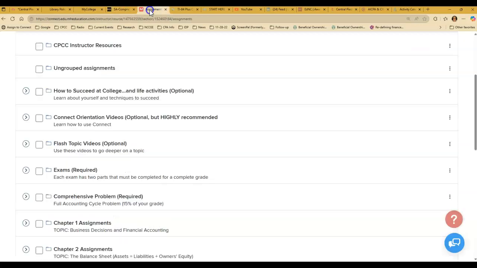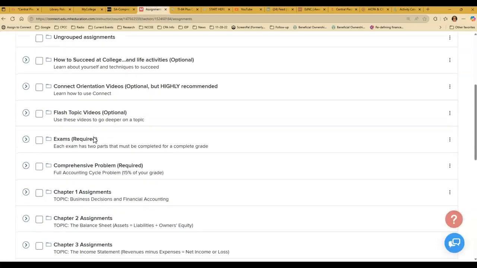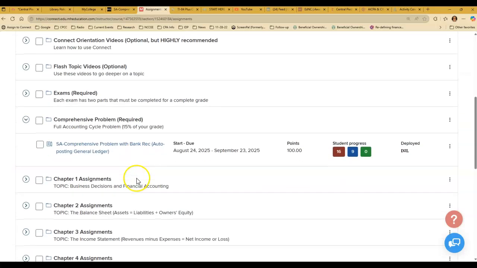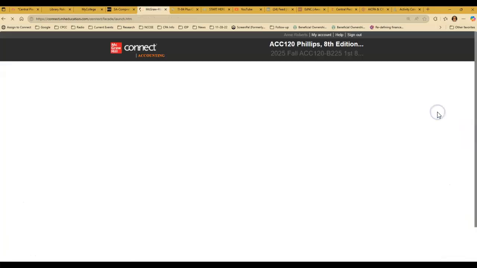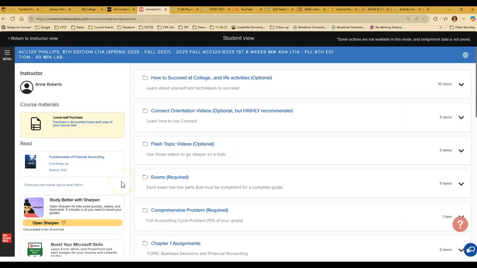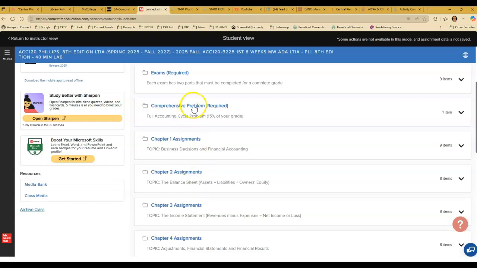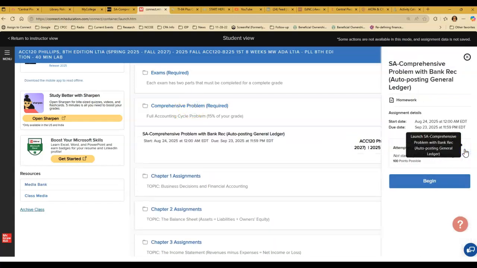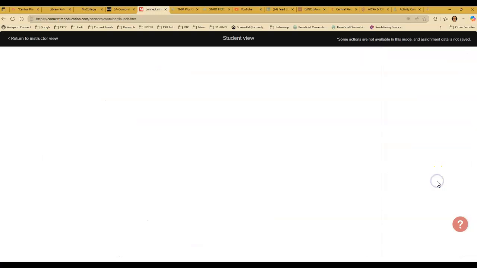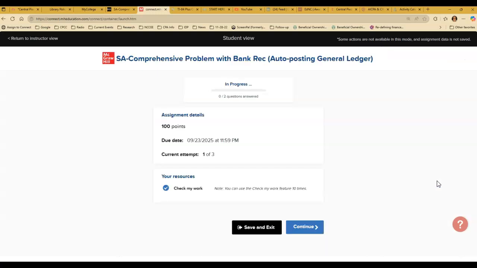So if I open up the comprehensive problem over here in Connect, and it is right here. Hang on, I need to put it in student view. So here's your comprehensive problem. And again, you can open this and work in it as many times as you want to if you hit save.